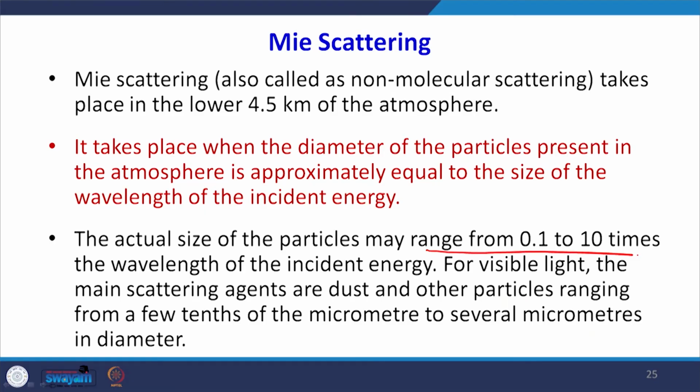So what is that size? If the diameter of the particles is of that size, then the scattering which takes place in the atmosphere will be called Mie scattering, and the actual particle size may range from 0.1 to 10 times the wavelength of the incident energy. Here there could be dust particles or other particles present in the atmosphere which have this kind of diameter.